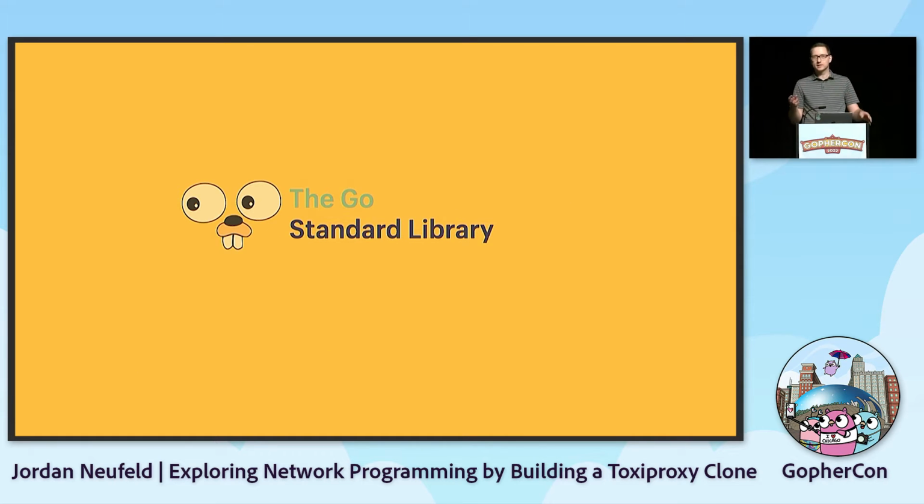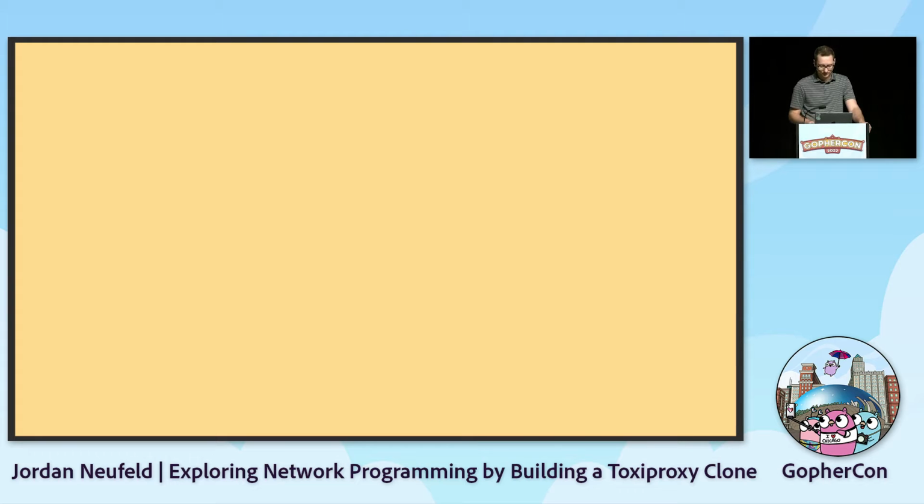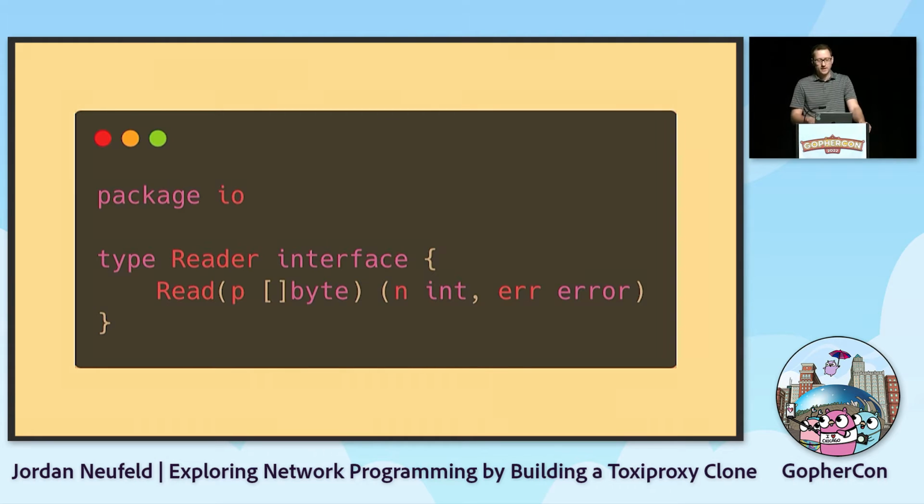So let's touch on a little bit of the Go standard library that we're going to see come up in the demo. This is definitely not an exhaustive tour. It's just exposing you to a few pieces that we're going to see in the demo if you haven't seen them before. The first thing that we might consider when we're building a networking tool at this layer is we need a way to read data, like reading data from a TCP connection.